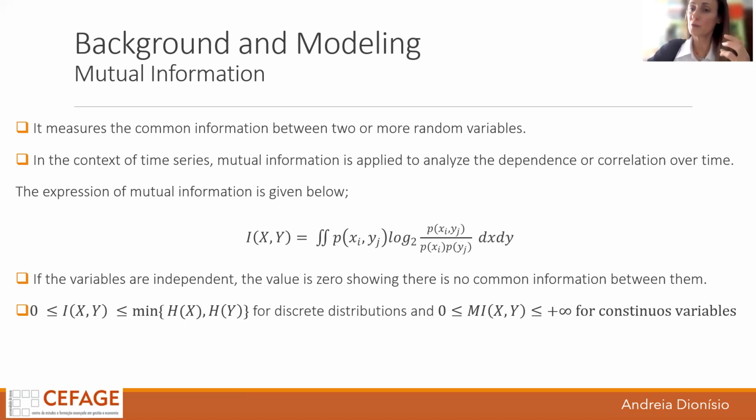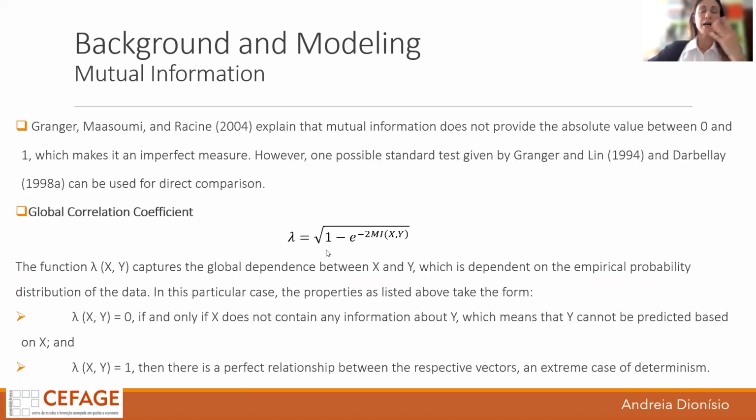So the interpretation of mutual information as it is, is difficult. Given this difficulty, we need some kind of measure based on mutual information that gives us the possibility to be interpretable, standardized in some kind of boundaries.